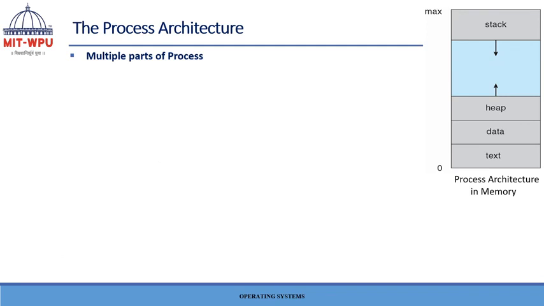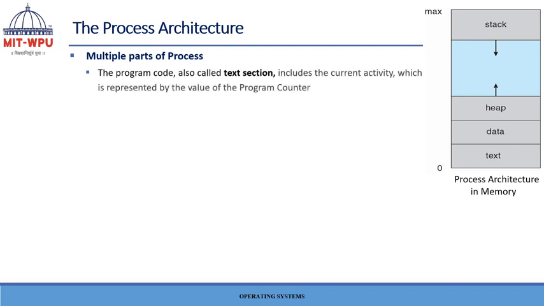To proceed with the process architecture, there are multiple parts of a process. Informally, as mentioned earlier, a process is a program in execution. A process is more than the program code, which is sometimes known as the text section.